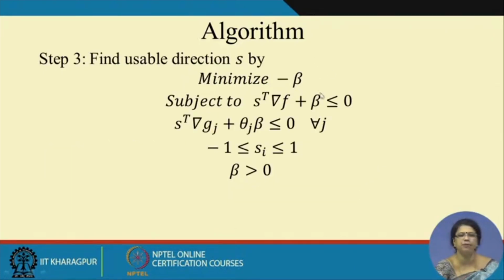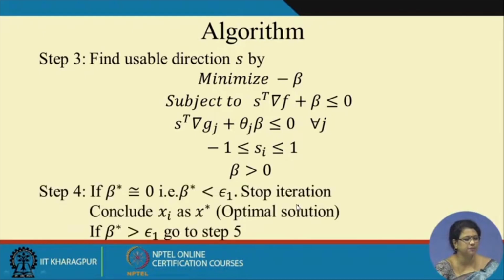In step 3, we will find out the usable direction and we will find out beta. What is our beta? Beta is equal to minus alpha. We are trying to get alpha equal to 0, as I said. That is why if beta is 0, we can stop our iteration. Instead of 0, if beta is a very small value epsilon, where epsilon is any pre-assigned value given to us, then we can stop our iteration.